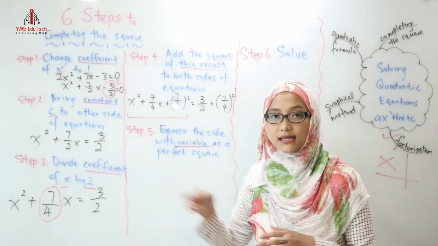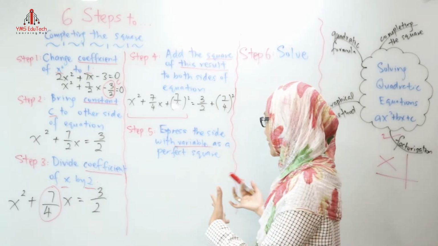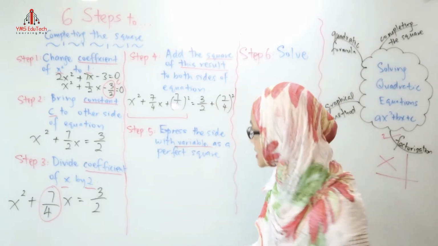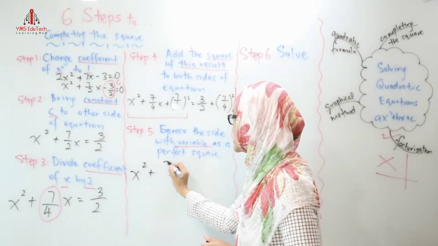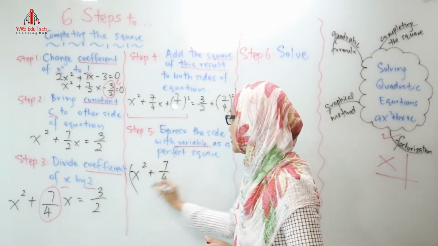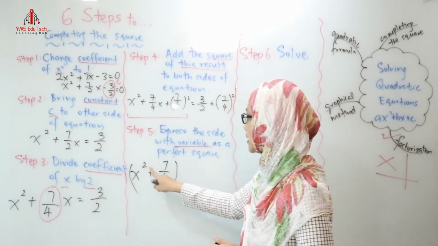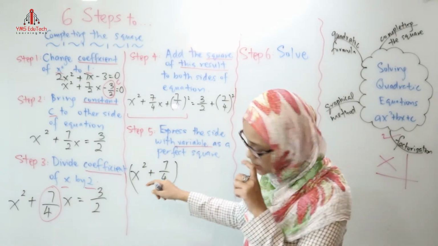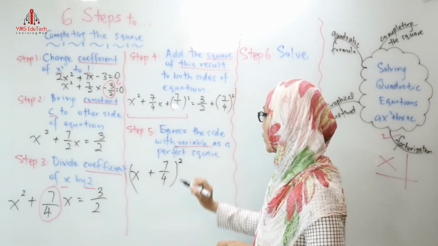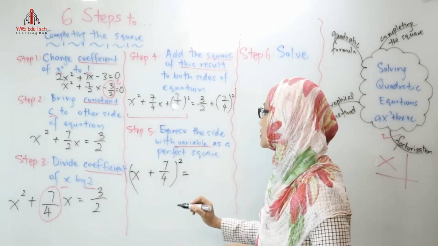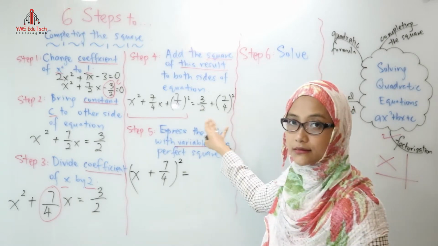We need to express our left hand side to be a perfect square. So it will look like this. I will have x plus 7 out of 4, the whole thing squared, oops, this one should be x, not x squared. (x plus 7 out of 4) squared is equals to, then I can compute this side.